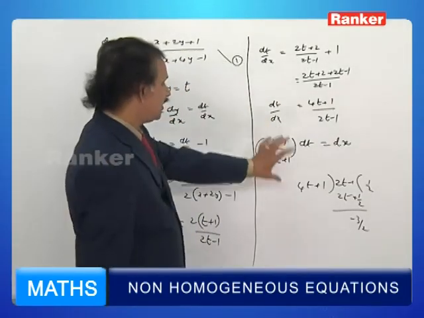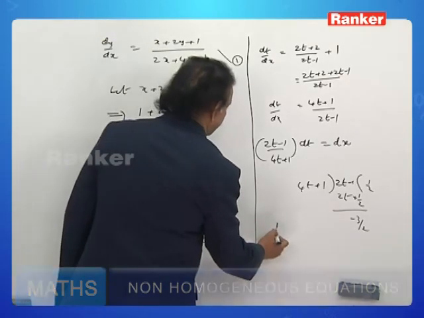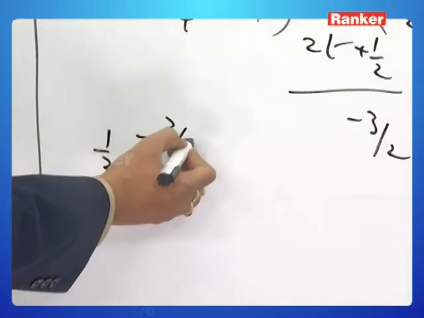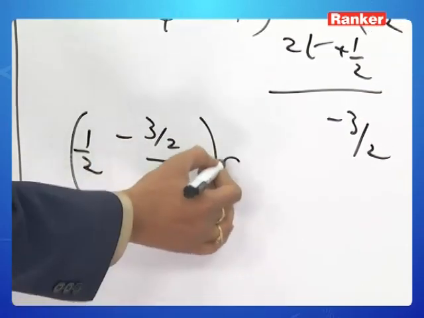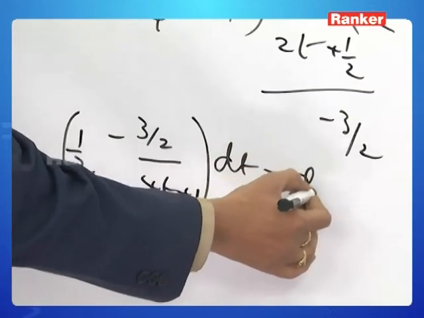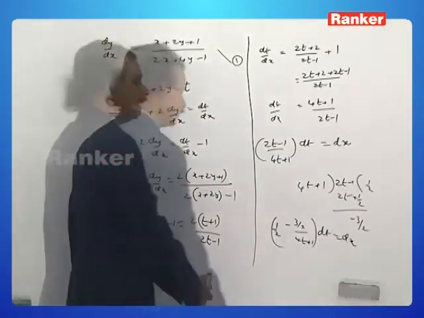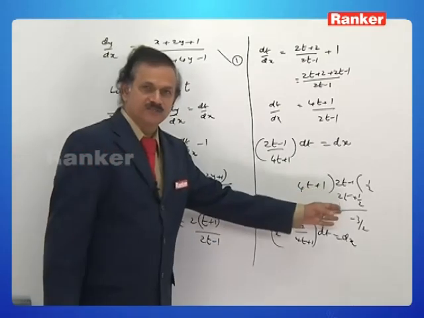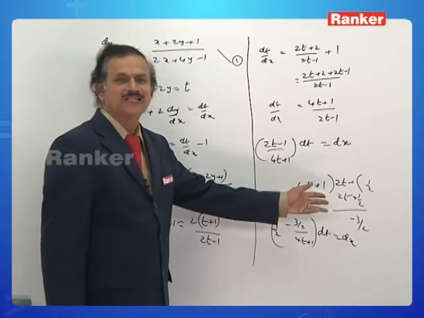Therefore, this particular fraction can be taken as half minus 3 by 2 by 4t plus 1, dt is equal to dx. I think you are familiar with this division, which was explained in our earlier classes, like 8th class, 9th class.